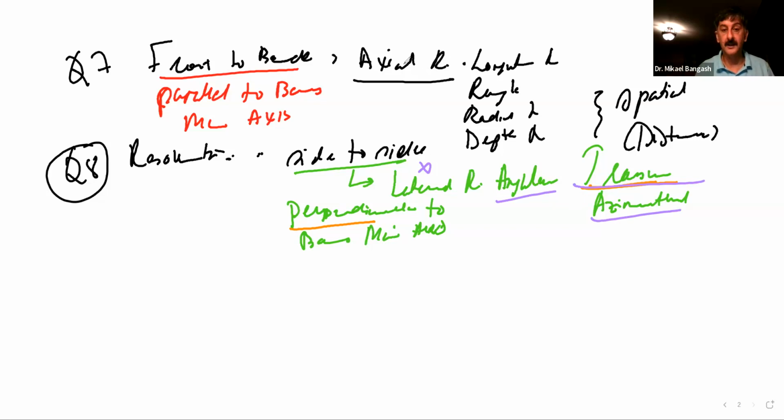Likewise, for your axial resolution, it's not a must that I give you the term axial resolution as an option. I may give the very same question, but give as an option, which may be correct, the range, the radial, or the depth resolution. Clear?